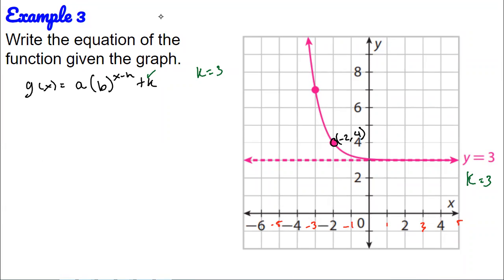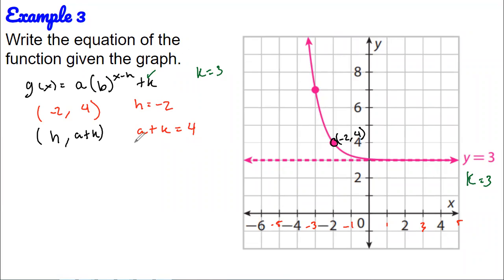All right, let's see. So we have our first reference point at -2, 4. And how do we find the parameters, Alex, in order for us to find A and H? What's my first reference point, the coordinate to it? H and A plus K. So H would be equal to -2. And A plus K would be 4.